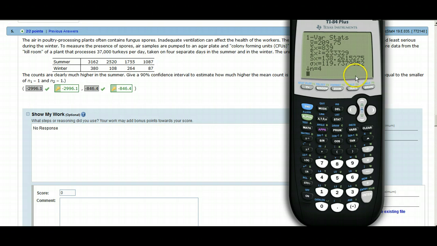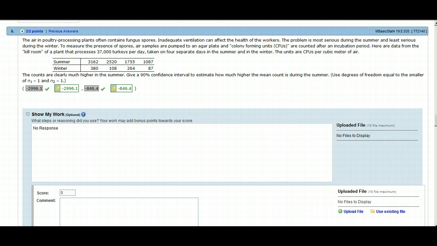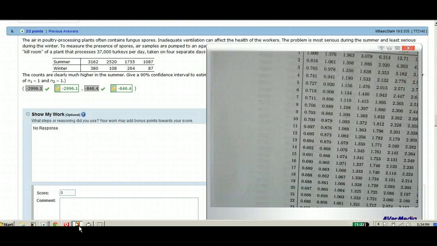Okay, so the next thing I need to do after I've written those items down is to find my critical T for writing my confidence interval. To find that, I need to know the degrees of freedom, which is 3. We've already talked about that. And we want a 90% confidence interval. So when I go to my table, there it is.